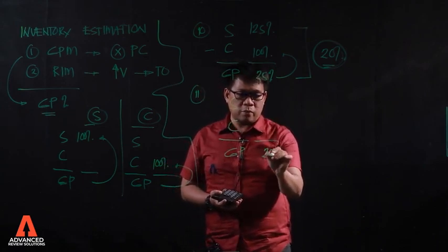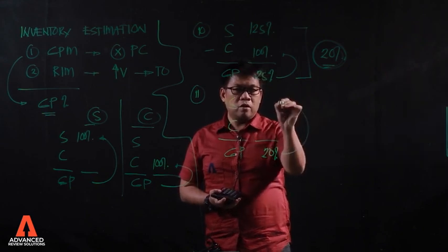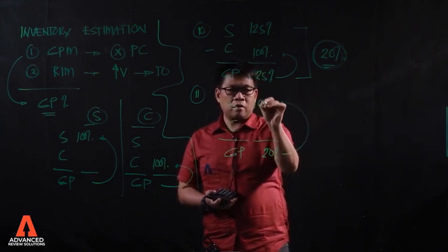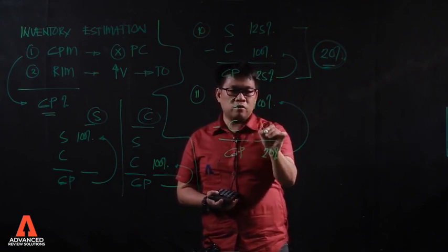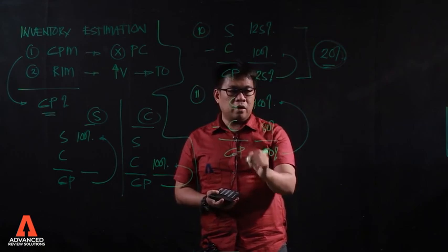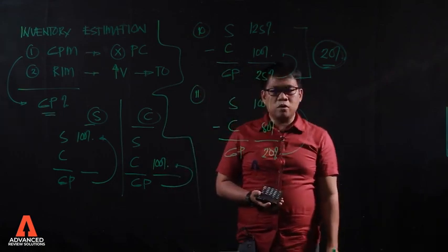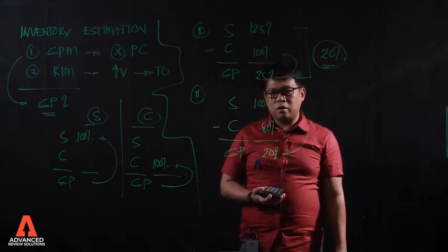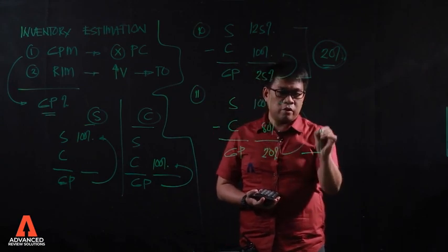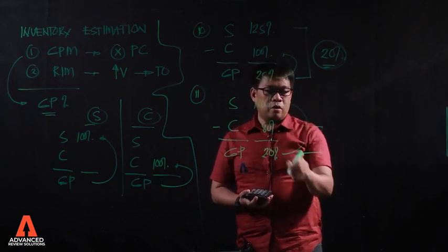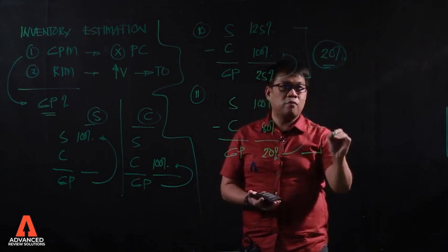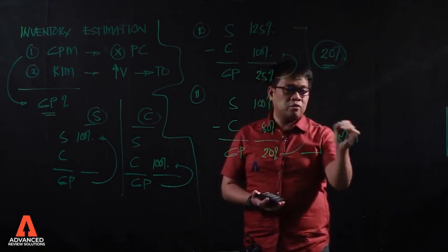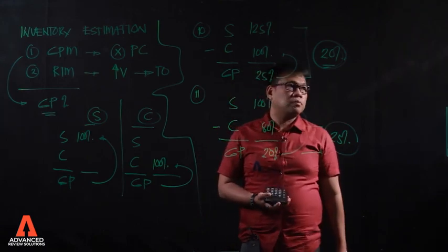So this is 20%, and the base is what? Sales, which is 100%. And to account for this, sales minus cost of sales, this should be 80%. Ang tinatanong niya, what is the gross profit based on cost? So the gross profit based on cost, that is 20 over 80. So this is 25%. That is the answer in item 11.